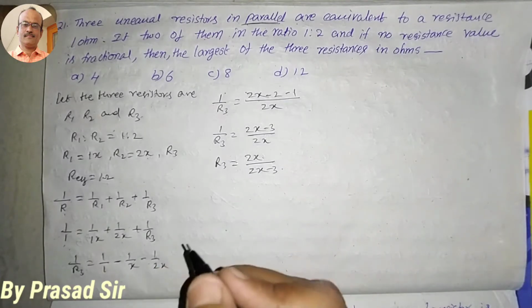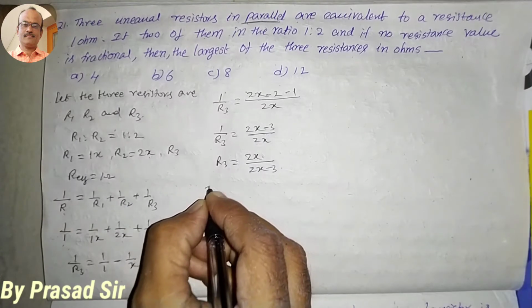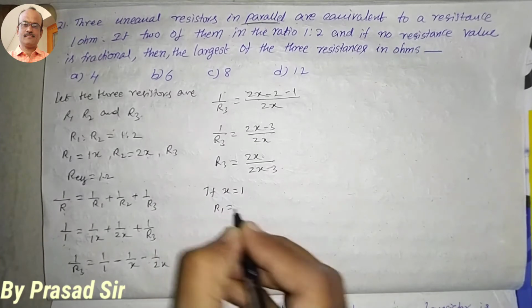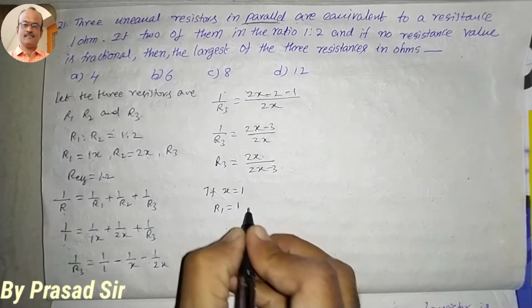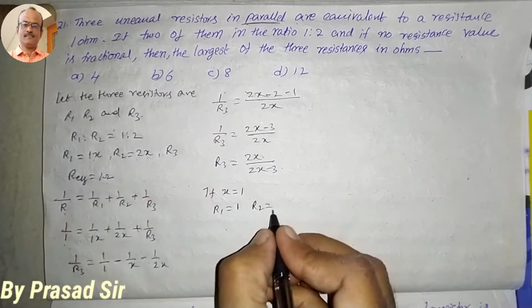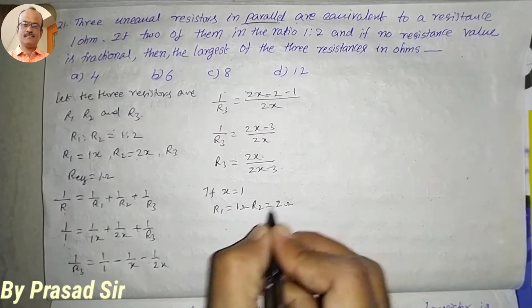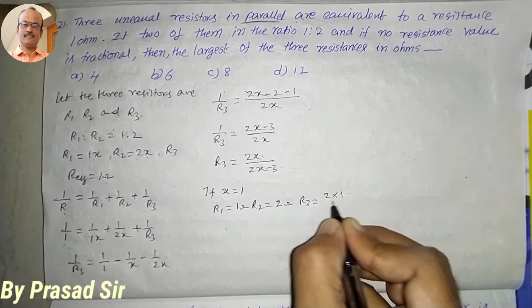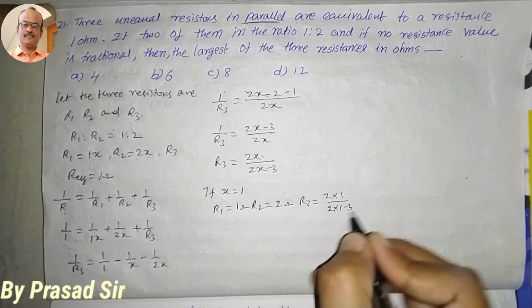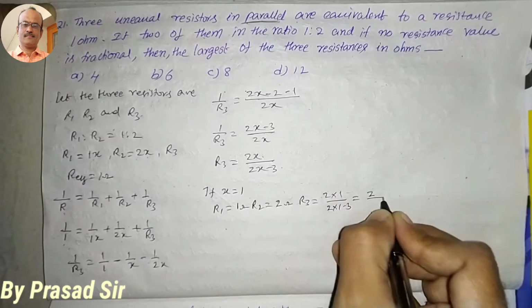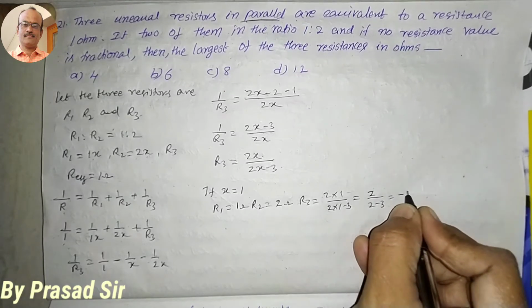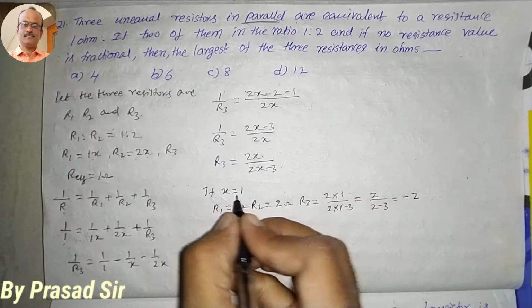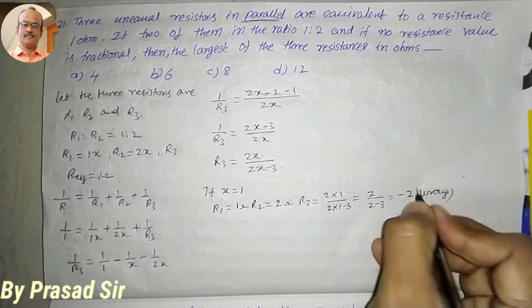If we want to calculate all three resistances, first if x is equal to 1, R1 is 1 into x, that is 1. Then R2 is 2 into 1, that is 2 ohms. Then R3 is 2 into 1 divided by 2 into 1 minus 3, which is 2 divided by minus 1, so we get minus 2. That means we are getting a negative value, so x equal to 1 is wrong.